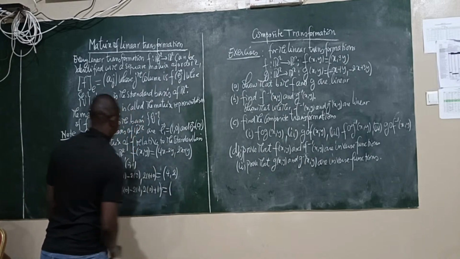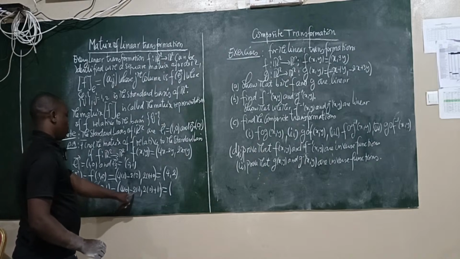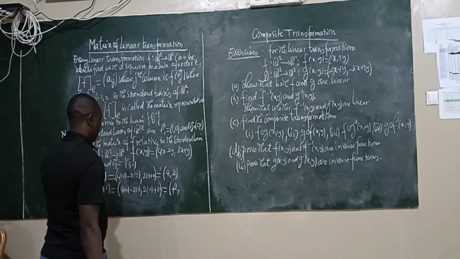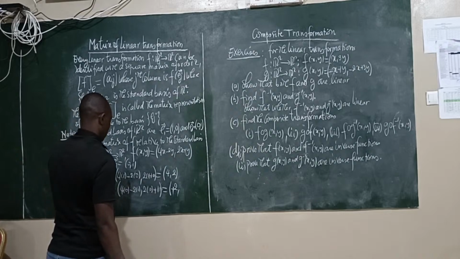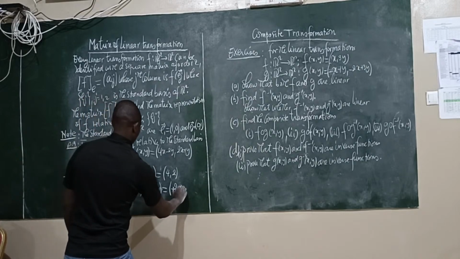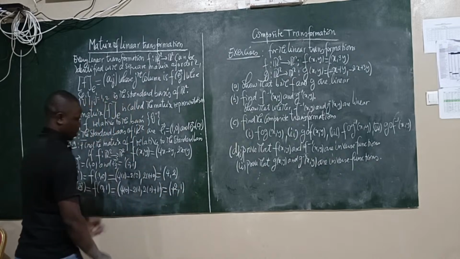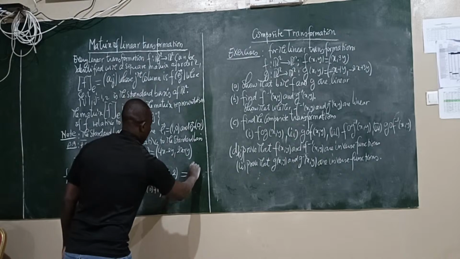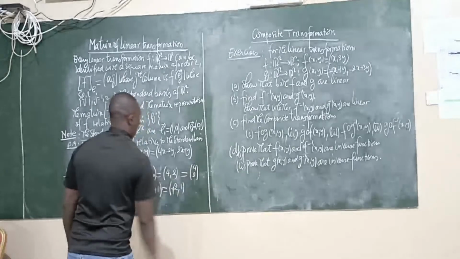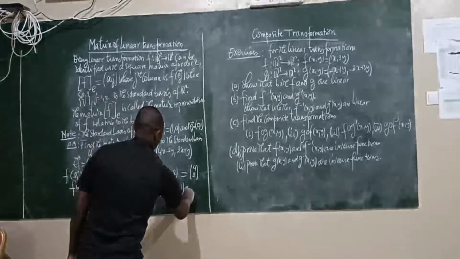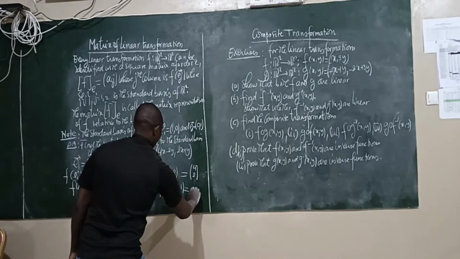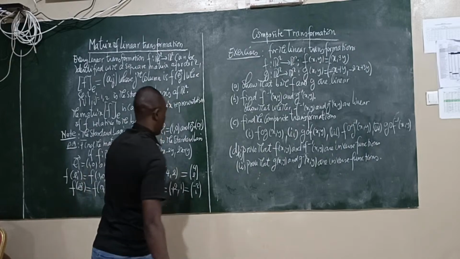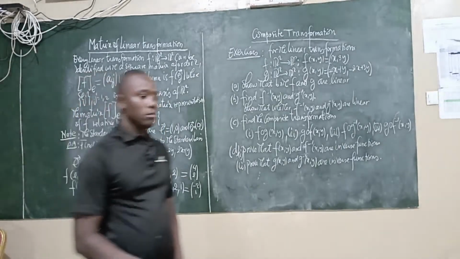This will be 0 minus 2, this is minus 2, comma 1, 0 plus 1, that is 1. So remember, this vector can be written as (4, 2) as a column vector, and this is written as (-2, 1) as a column matrix.